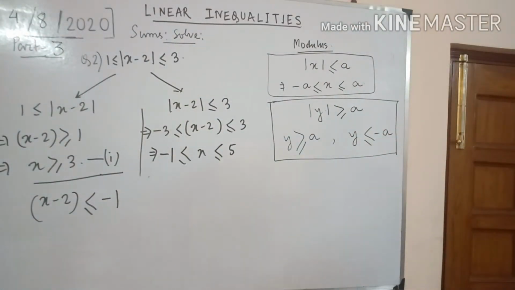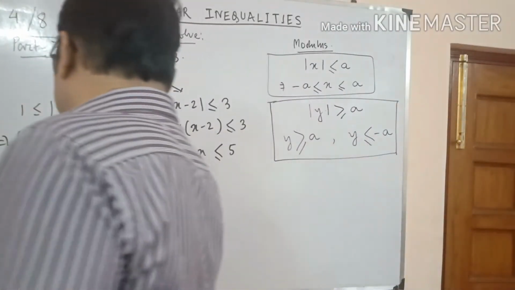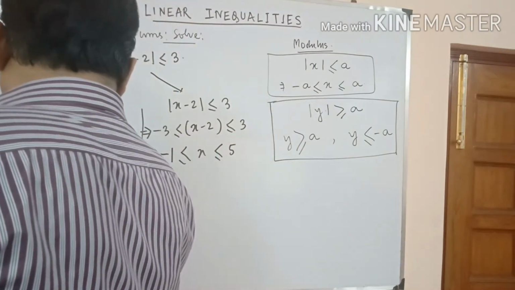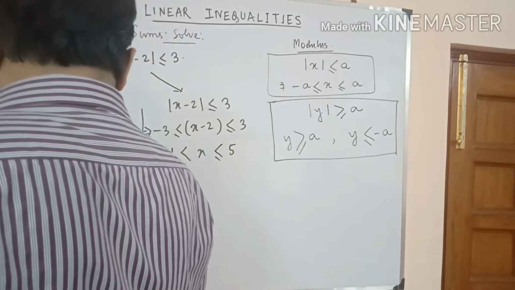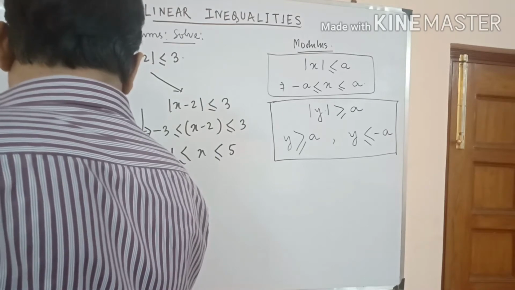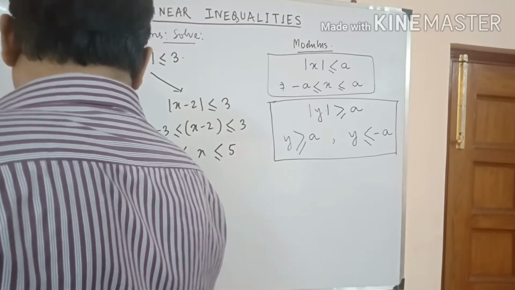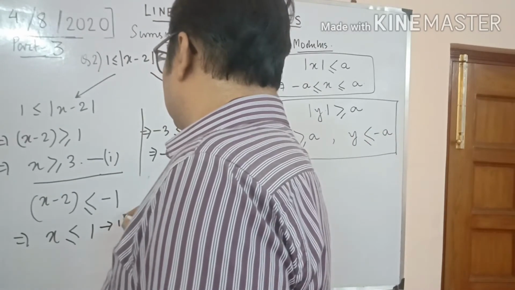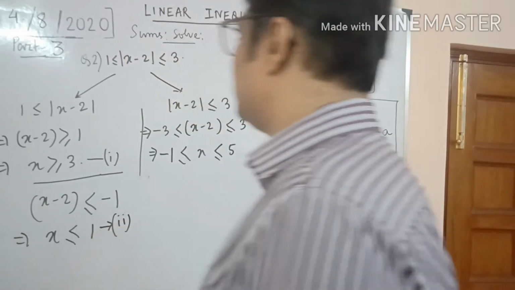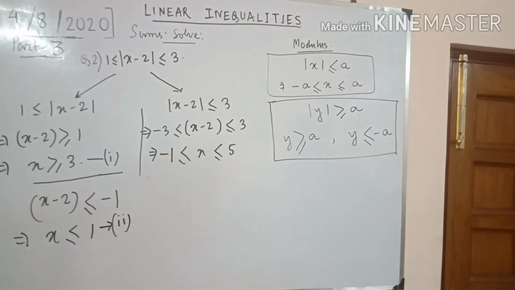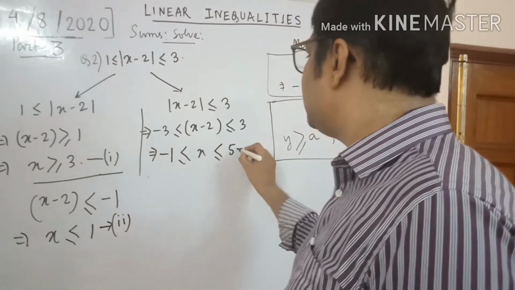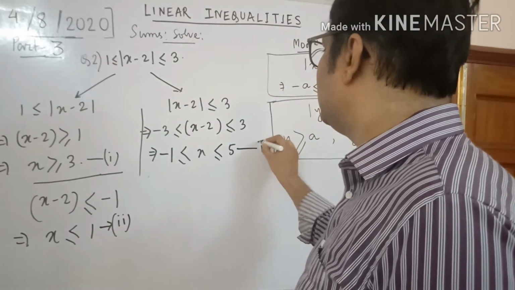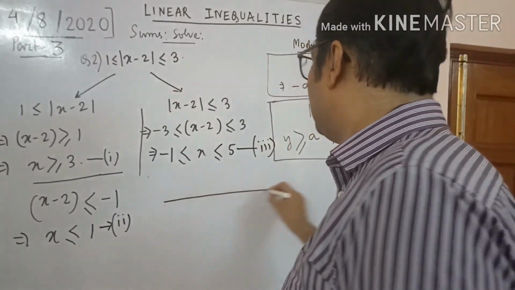Okay, so that is going to give you something like, if you add plus 2 with this, x is less than or equal to 1. Okay, so here if we combine all these three, say this is 3, so let us draw.